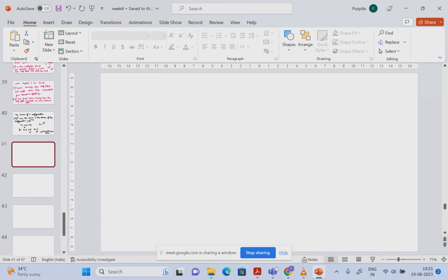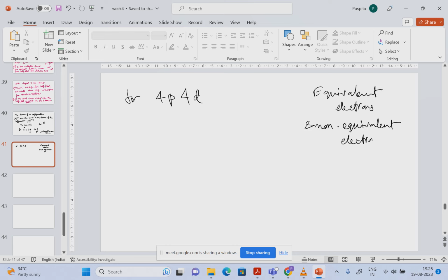So back to our previous question, we get 9 terms, like for 4p, 4d. There are equivalent electrons and non-equivalent electrons.